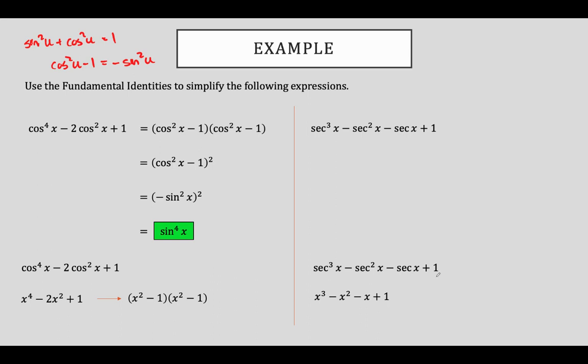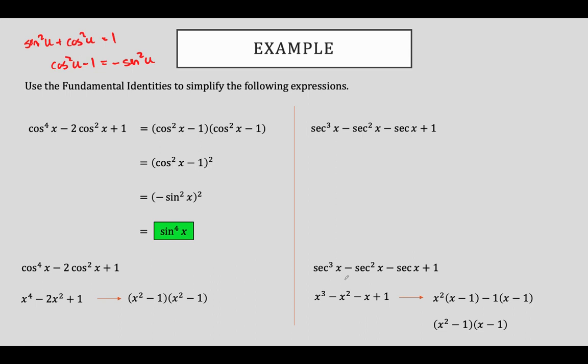Otherwise, it's identical. Well, what does my polynomial factor into? We can start by grouping our first two terms and our last two terms, factoring out our greatest common factors. That's x squared times x minus 1 minus 1 times x minus 1, which factors into x squared minus 1 times x minus 1. There is our factoring by grouping.